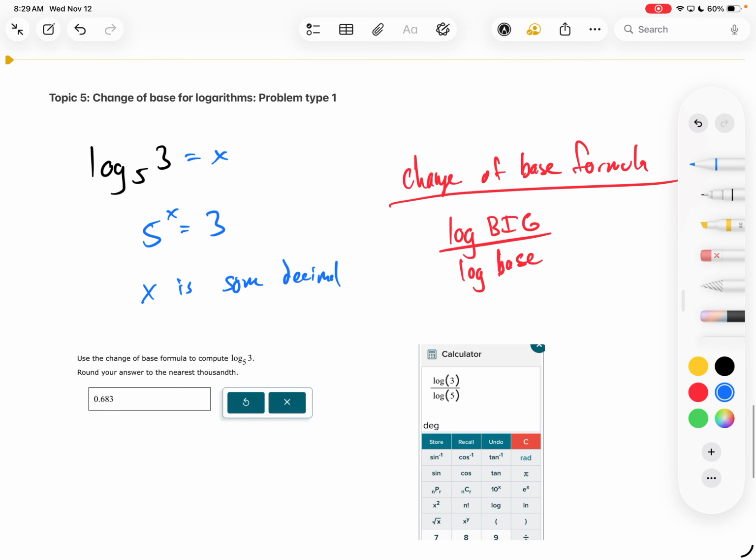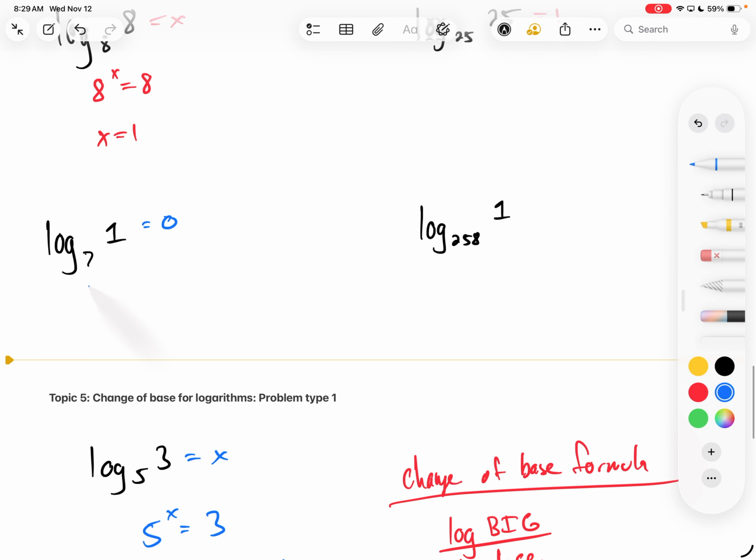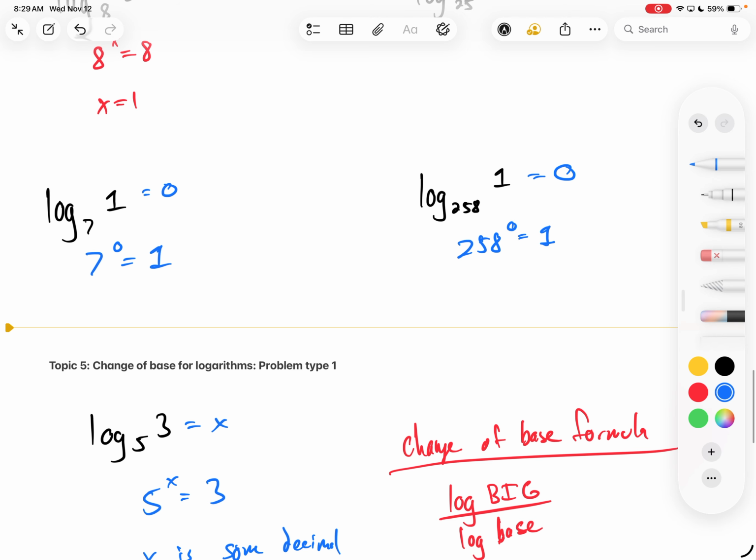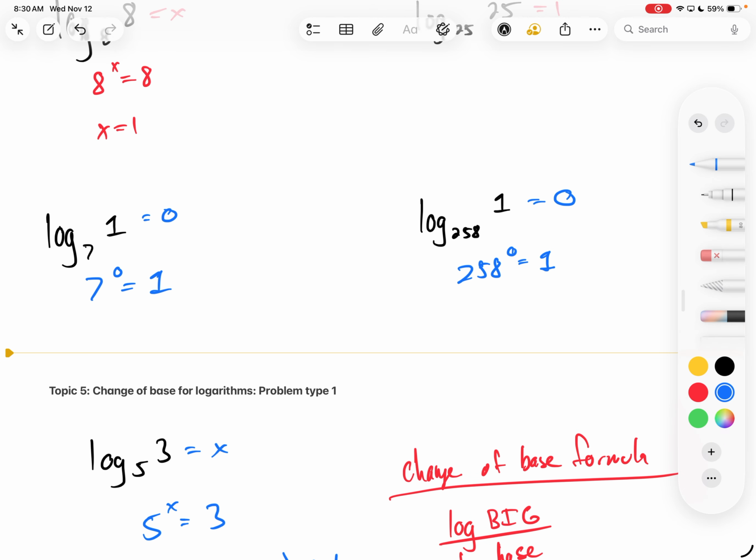This is saying 7 to what power gives me, I just wrote the answer. Whoops. 7 to the 0 power equals 1. I meant to write an X and I wrote a 0. So 7 to the 0 power, anything to the 0 power is 1. So anytime this is a 1, you always get an answer of 0. This is saying 258 to the 0 power. Anything to the 0 power is 1. Okay, so there's just some different ones that are odd.